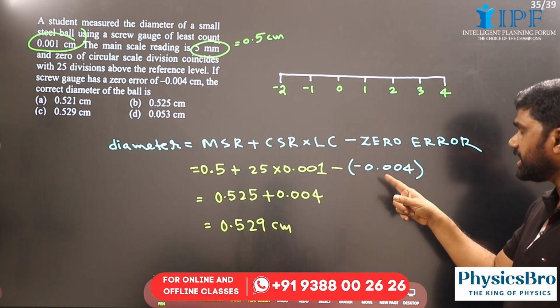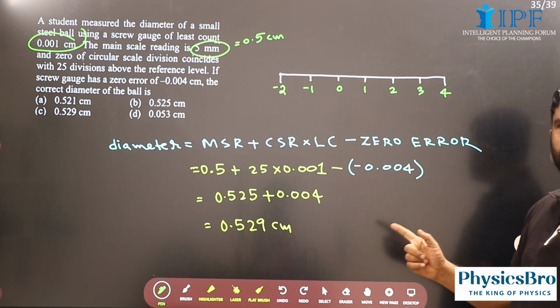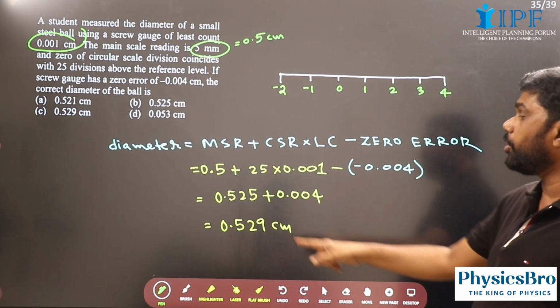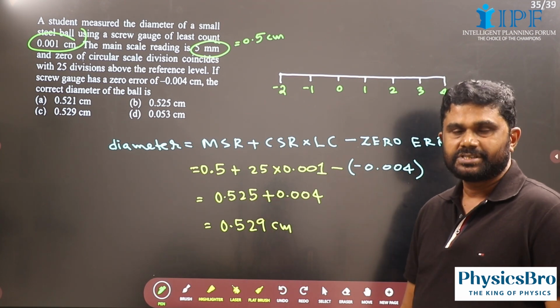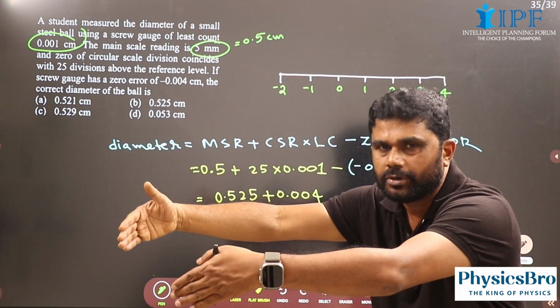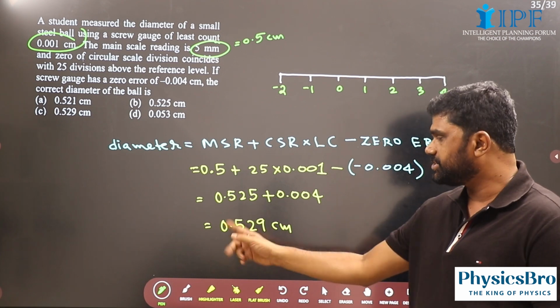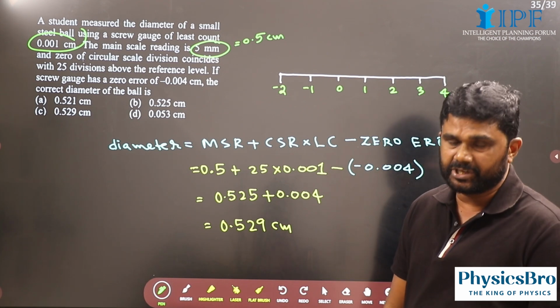Here we have started the measurement from minus 0.004 and the reading we have got is 0.525. As we have started from a point behind the 0, that difference should be added here. So it will be 0.529 centimeter.